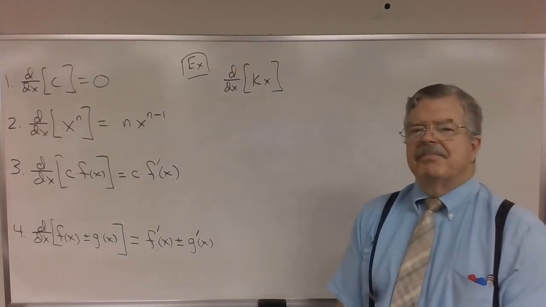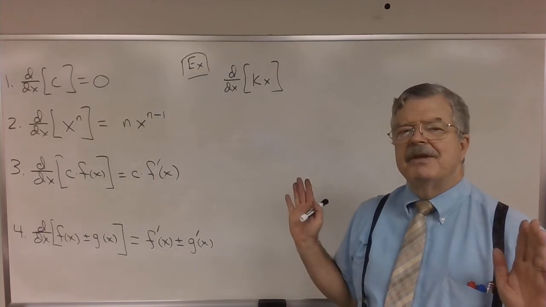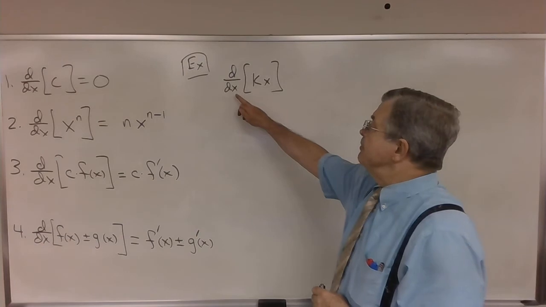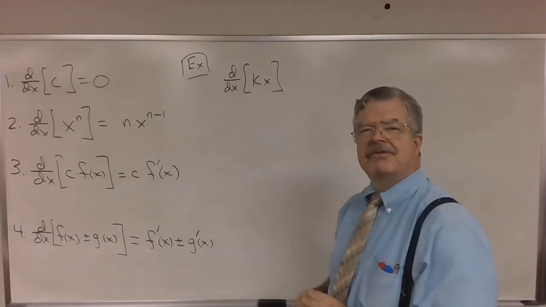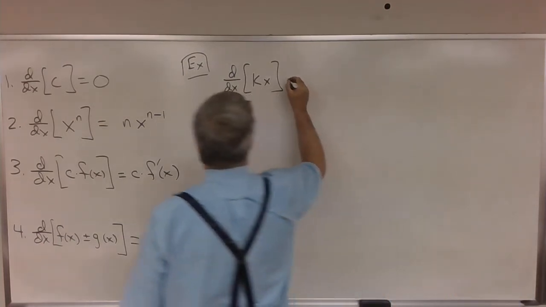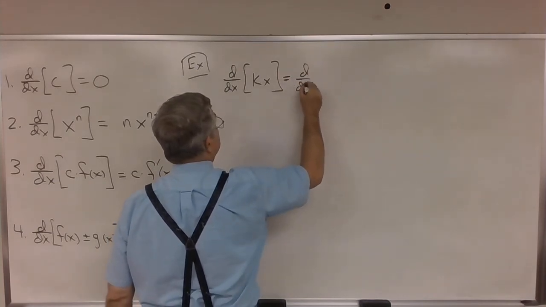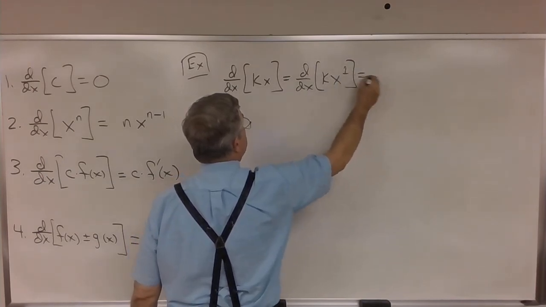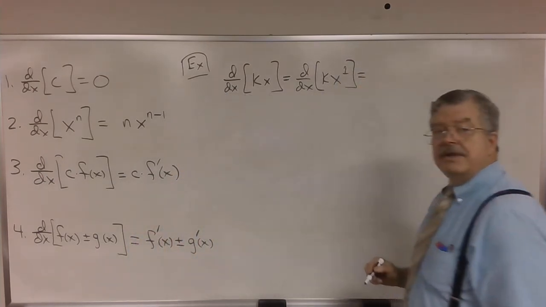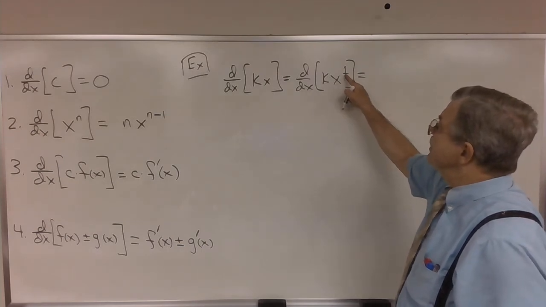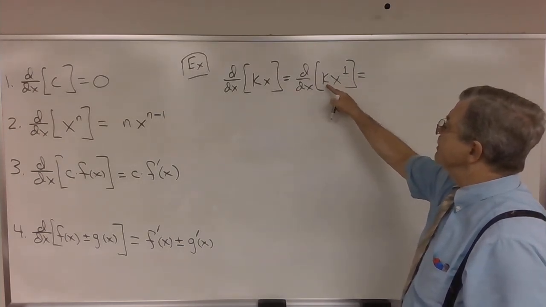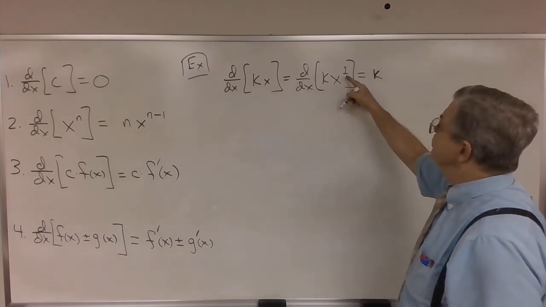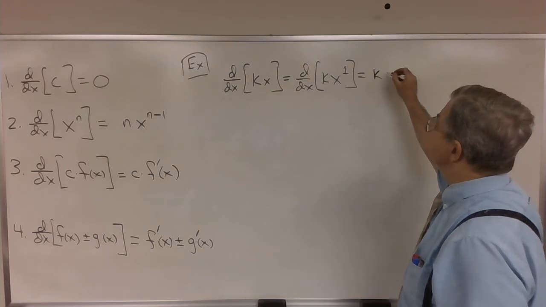Well, let's see. Let me interject something before we go on to the next point. Suppose we compute the derivative of a constant times x. What this really is, is the derivative of the constant k times x to the first power. And we use the power rule. We bring the exponent down front and multiply it by the constant. So we have 1 times k is k. And then we subtract 1 from the exponent.